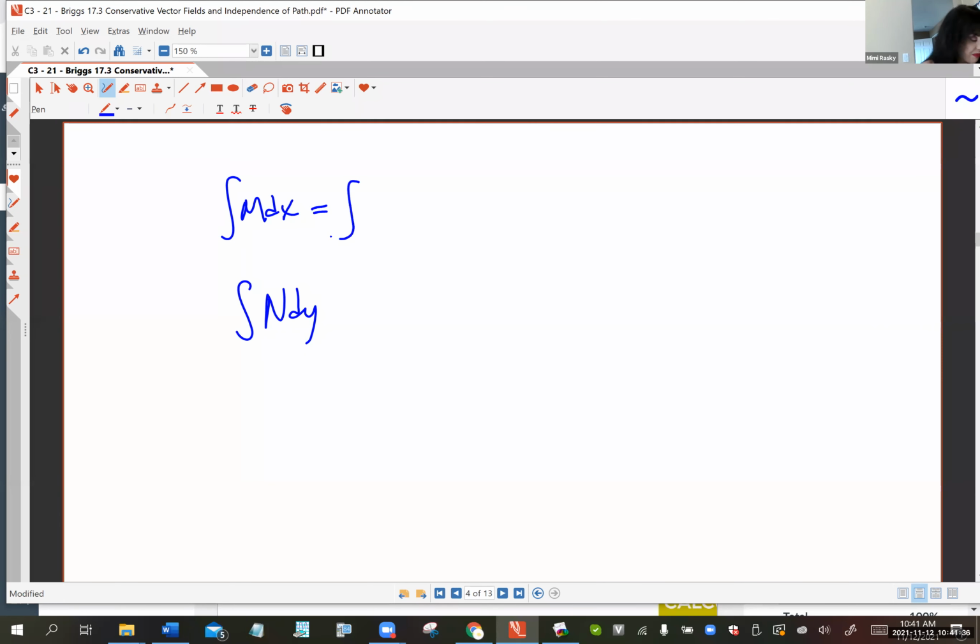So the M for this vector field, that's the first component, a half xy. You're going to integrate that with respect to x. Okay, I believe that's going to be 1/4 x squared y. And you don't put plus c, but you're going to put plus something.